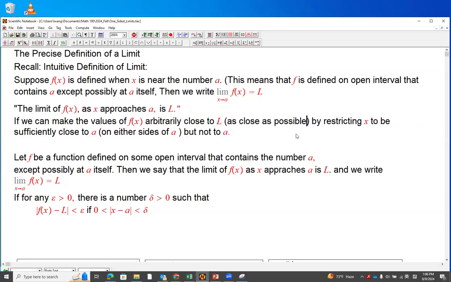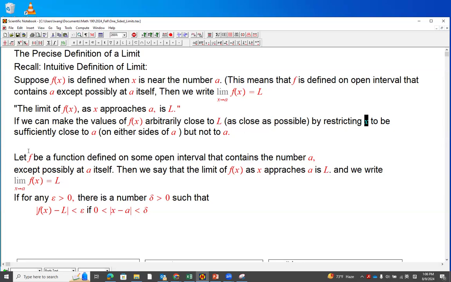So how do we describe as close as possible? By restricting x, which is the input, to be sufficiently close to a on either side of a, but not to a. So a may or may not be defined. The function may or may not be defined at a.